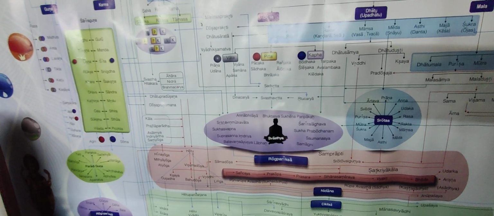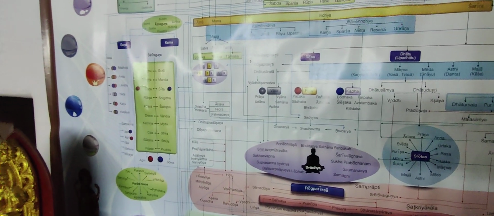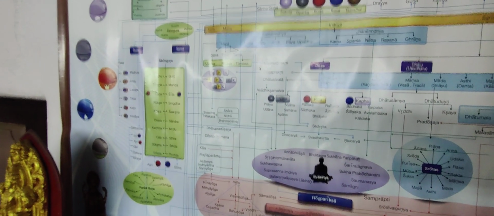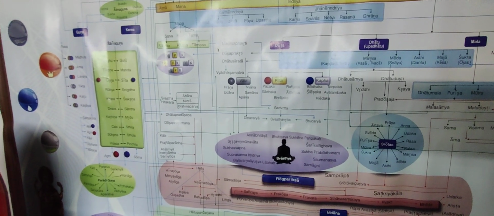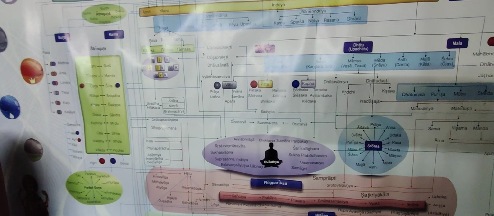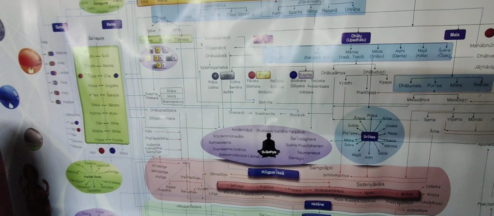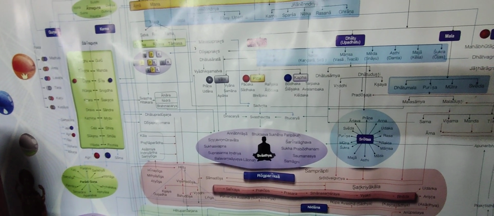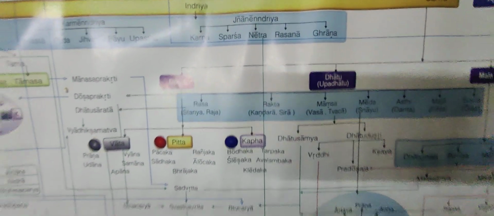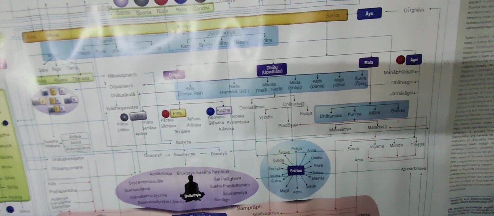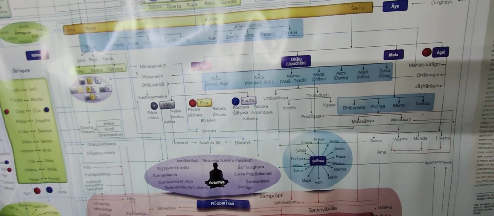The disease process initiates from causative factors, that is hetu. Hetu is the causative factor here. And any disturbance in the organs, that is dhatu, causes disease.